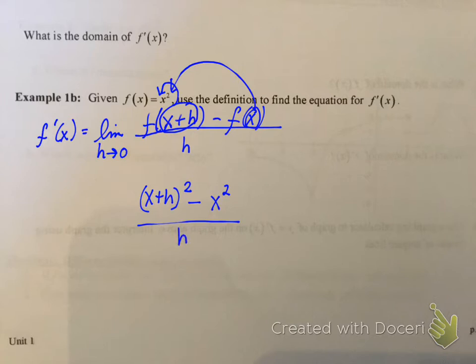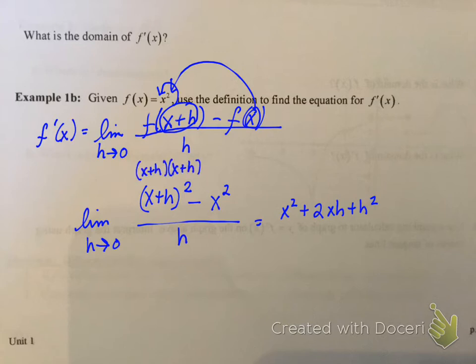And then it's over h. Okay? So if I expand that out, I get x squared plus 2xh plus h squared. And if you don't know how I got that, I have two binomials, and I distribute them or FOIL them out, right? And this is minus x squared over h, okay?